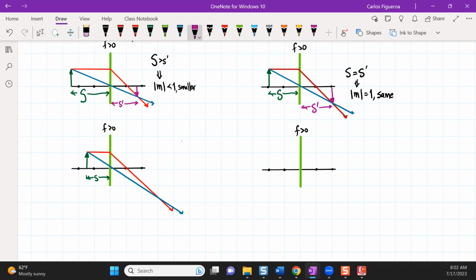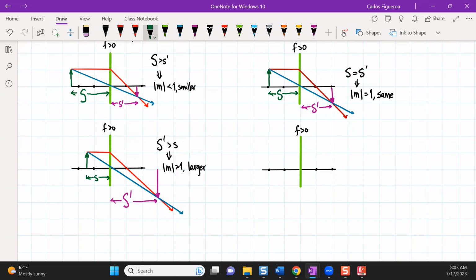If I now look at my image, it's right here. If you look at this distance, it is larger because S prime is larger than S. That tells us that the magnification is greater than 1, so it's larger. Again, I'm comparing those two distances.